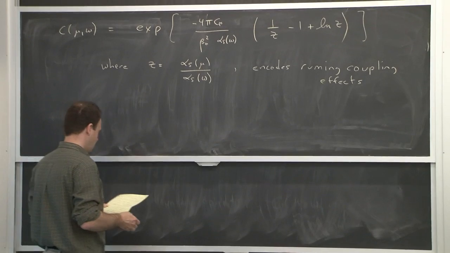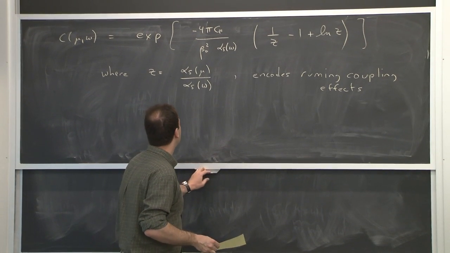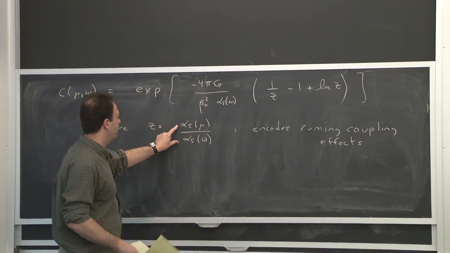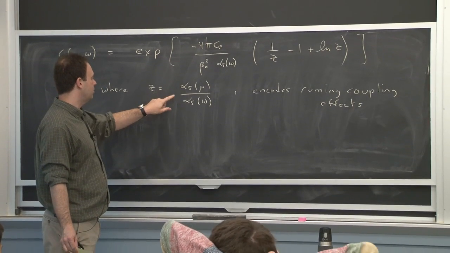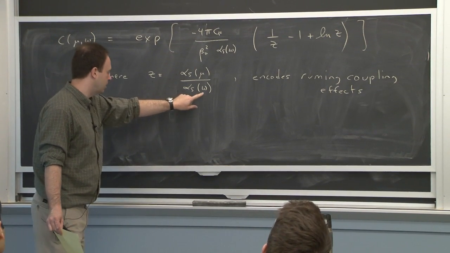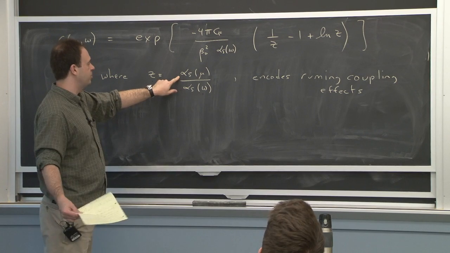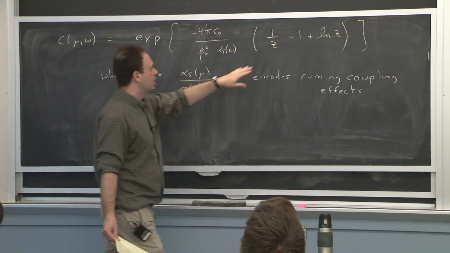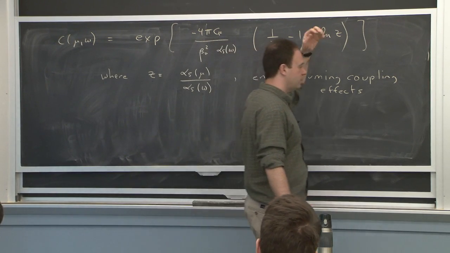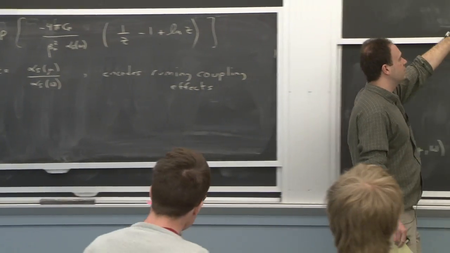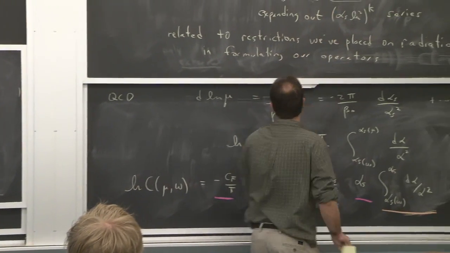Okay, so if we were to take this now and expand z, say expand about alpha of w, then we would get logs of mu over w, right? And so what you should think that this z dependence encodes is an infinite series in this exponential.